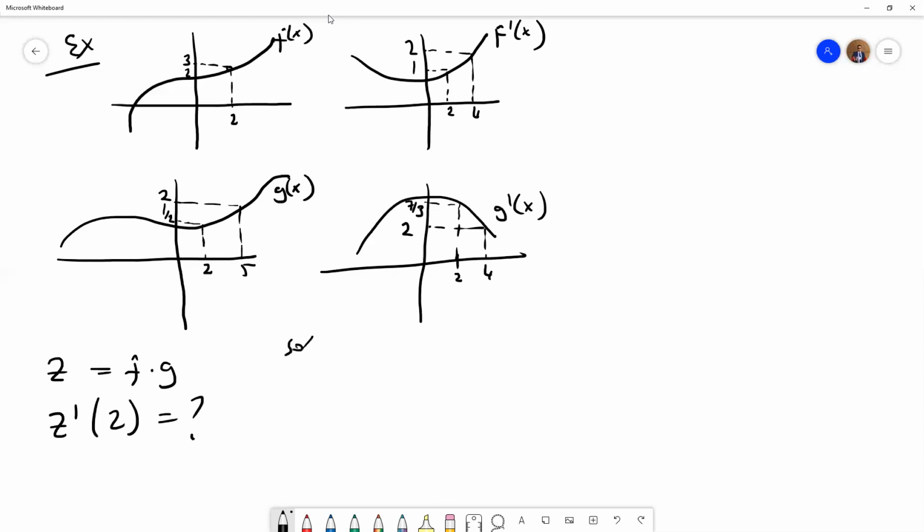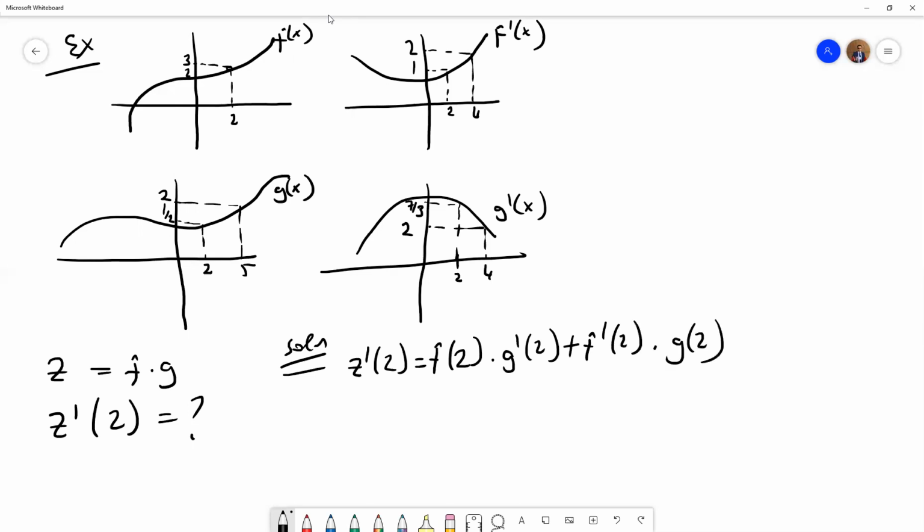Again, for the solution, we can solve like that. We know that if z is equal to f multiplied by g, so it is f2 multiplied by g prime 2 plus f prime 2 multiplied by g2.